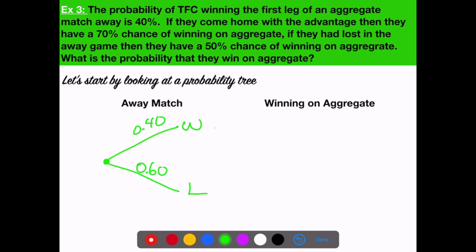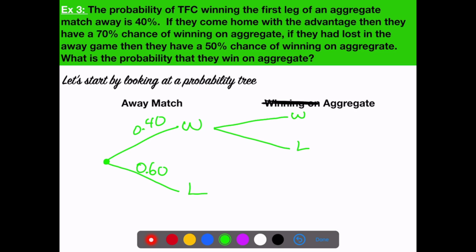So then going from the win to winning on aggregate, well, again, they can win on aggregate or they can lose. So this title isn't actually very good. It shouldn't say winning on aggregate. It should just say aggregate. Them winning on aggregate. Okay, well, what's the probability they win on aggregate? Well, it talks about that a couple times, right?